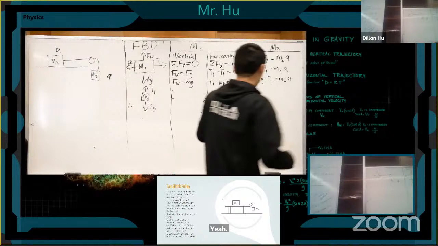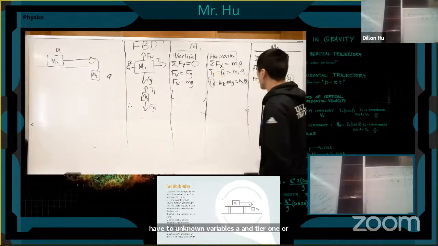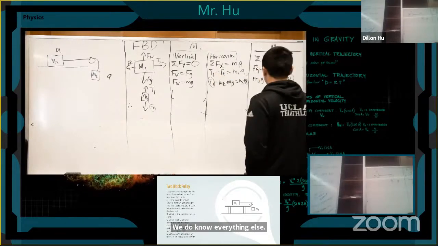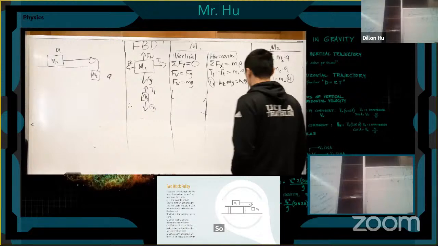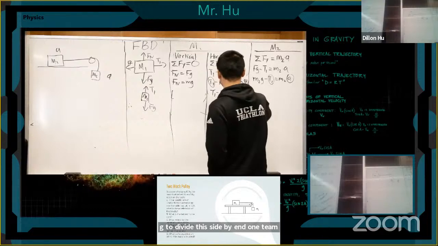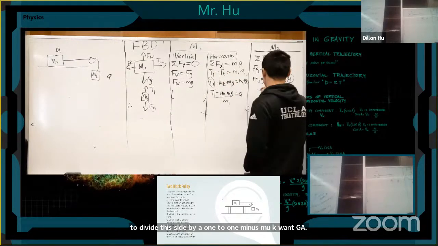So what we have is a system of equations. We have two unknown variables, a and T1, but we do know everything else. Since we are solving for a, I'm going to divide this equation by M1, so T1 minus mu k M1 g over M1 is equal to a. And I'm going to divide the other equation by M2, so M2 g minus T1 over M2 is equal to a.